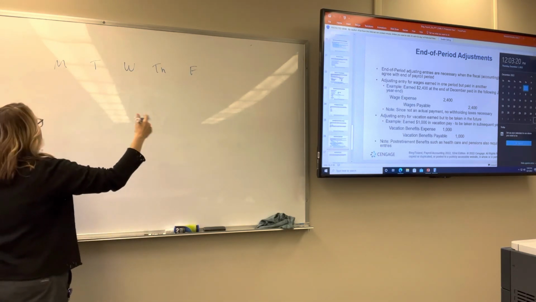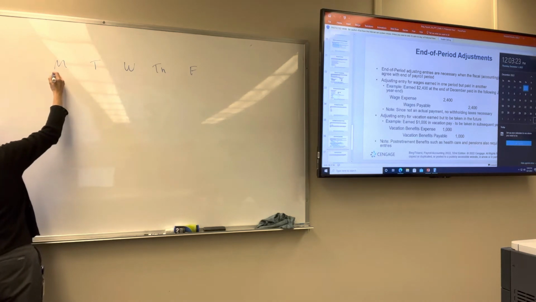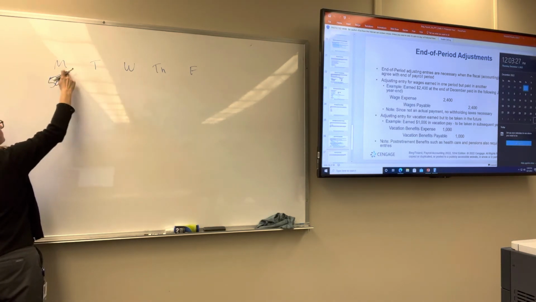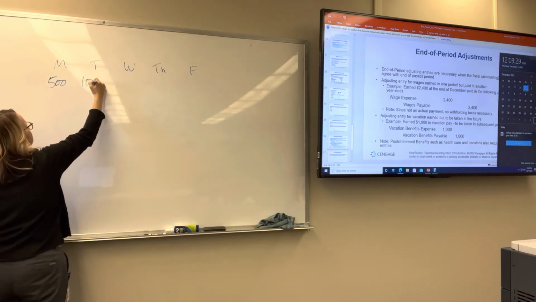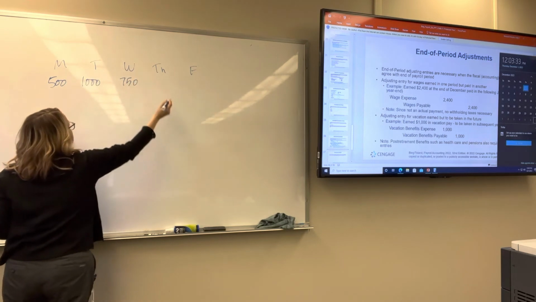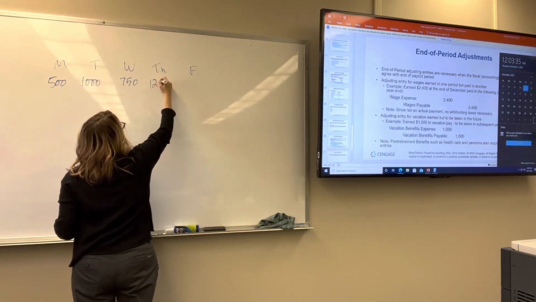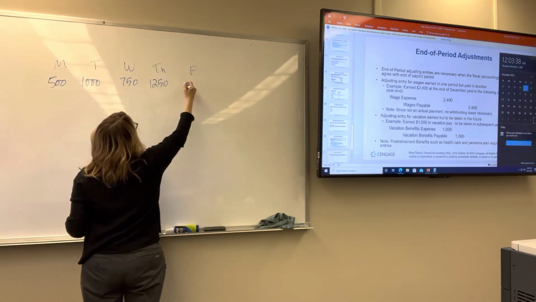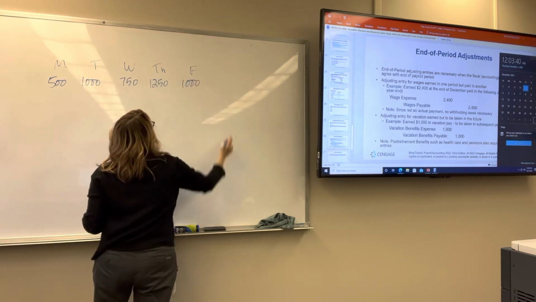So, and I'm going to use some different numbers. Let's say for all of our employees, this is what we've accrued. 500 was earned on Monday, 1,000 on Tuesday, 750 on Wednesday, 1,250 on Thursday, and another 1,000 on Friday.